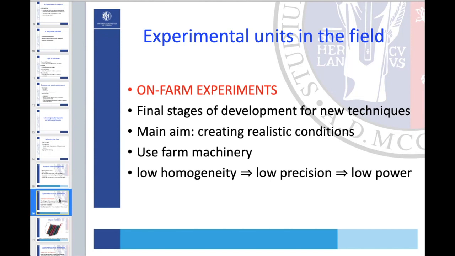Nonetheless, these experiments are very important because they tell us whether the new genotype, the new tillage method, the new fertilization method is really convenient when used in real farm conditions.